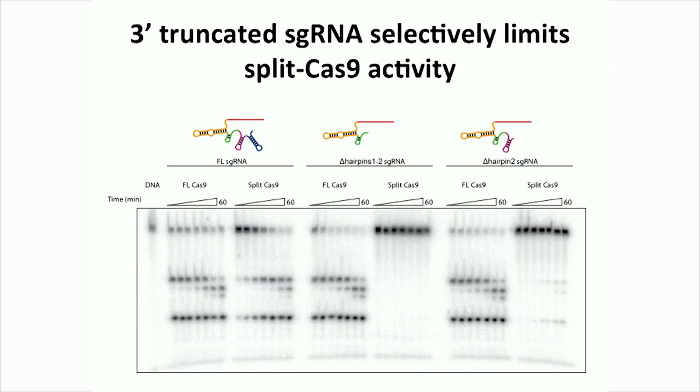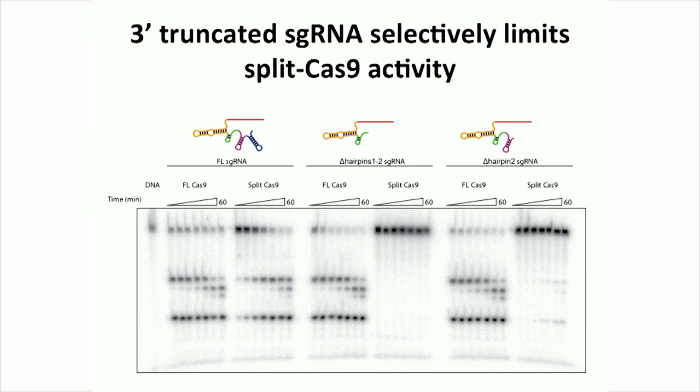Okay, and then, I don't want to drag you through this in too gory detail, but really the point here is just to indicate that as we truncate the 3' end of this single guide form of the RNA, we can actually inhibit the activity of the split Cas9, the two lobes that have to come together to form an active complex, without affecting the function of the full-length enzyme.